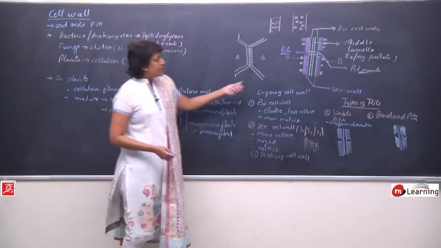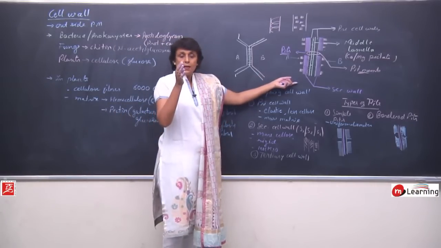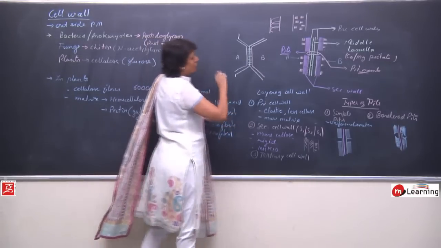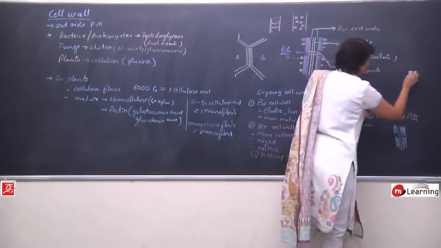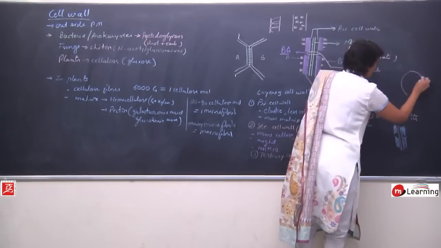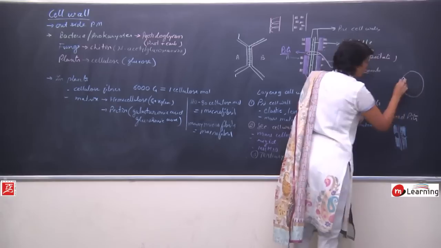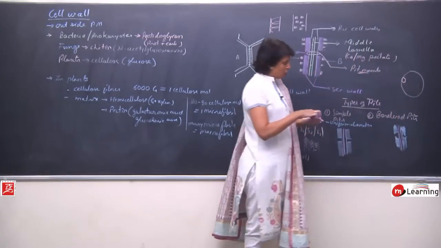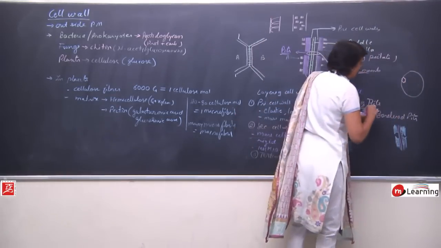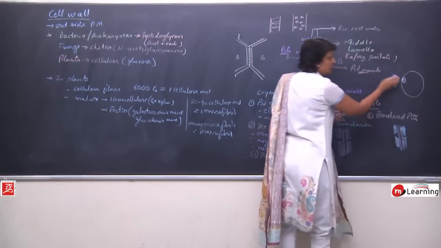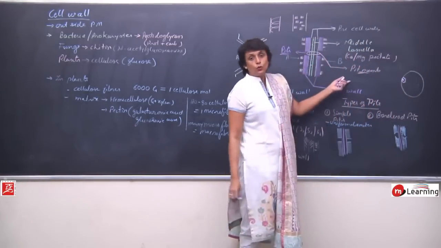If a cell is in the form of a fruit or a structure, and suppose the structure that we are talking about, say this is a fruit. So this cell which is here is the outermost cell. This cell would have its middle lamella and inner layers, but nothing is deposited from outside because this is the outermost cell.